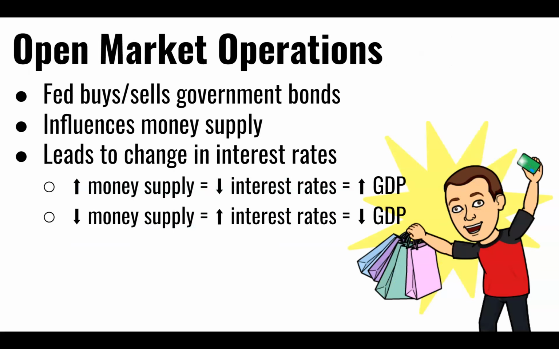When it comes to open market operations, what we're talking about here is the Federal Reserve's either purchase or sale of government securities or government bonds. We sometimes call them T-bills. And what that is, the federal government issues debt in order to pay its bills. And so the federal government needs to borrow money, so they'll go to commercial banks and they will give this thing called a treasury security to the bank.